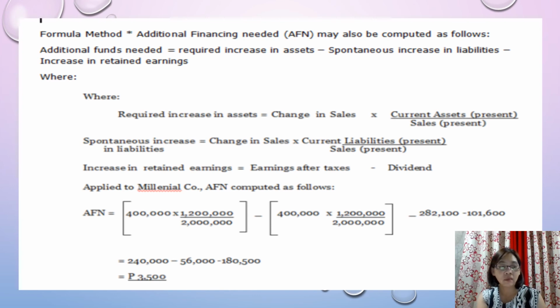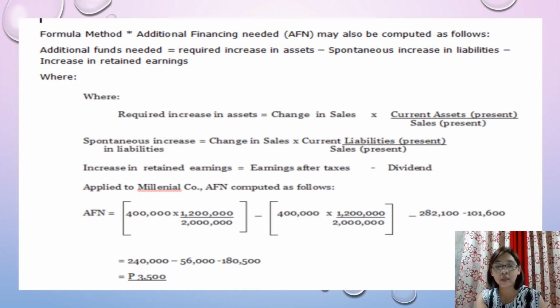Okay, now to get the additional financing required, we will use the formula po. Ito po yung formula method. Additional financing needed, or AFN, may also be computed as follows. Additional funds needed is equal to required increase in assets minus spontaneous increase in liabilities minus increase in return earnings.